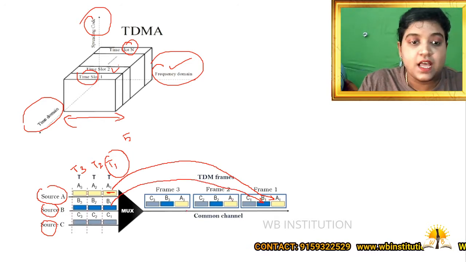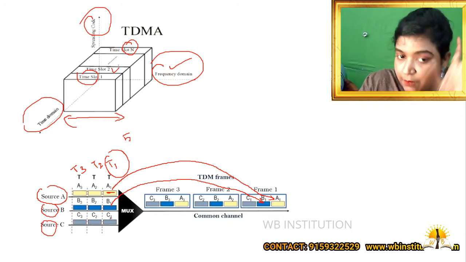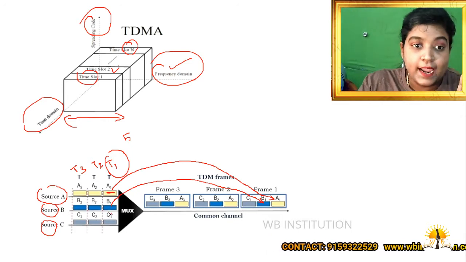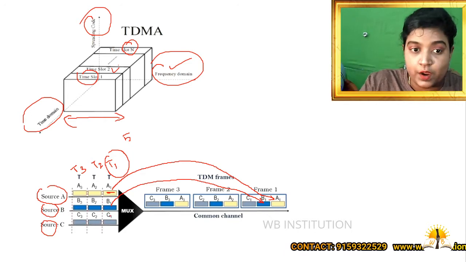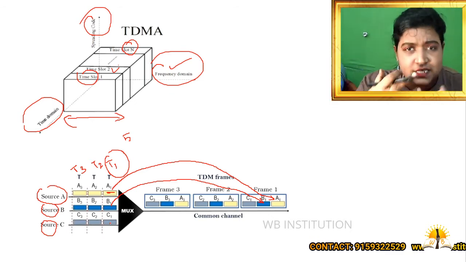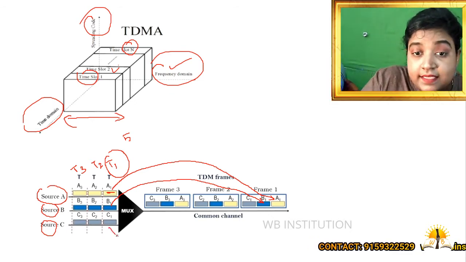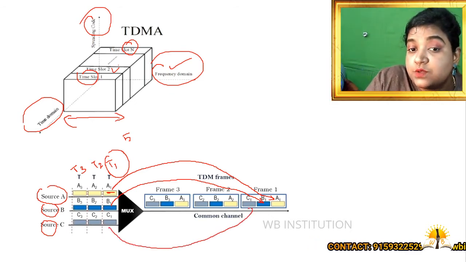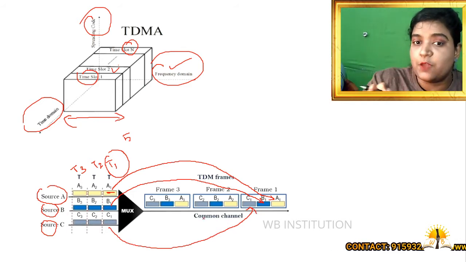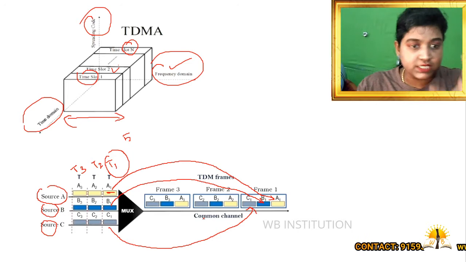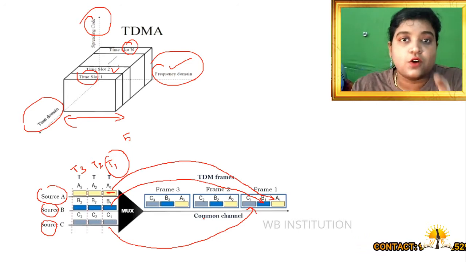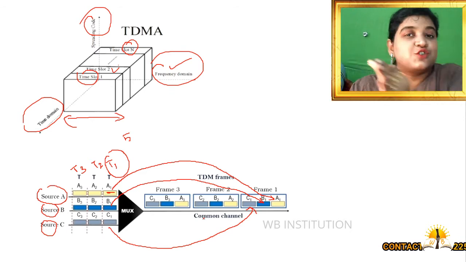Got it? After B1's 5 seconds, the chance moves to C1. C1 generates some information, which is again transmitted into frame 1. So the entire frame 1 contains the first slot of information of the users, it might be n number of users. Got it? It is transmitted.